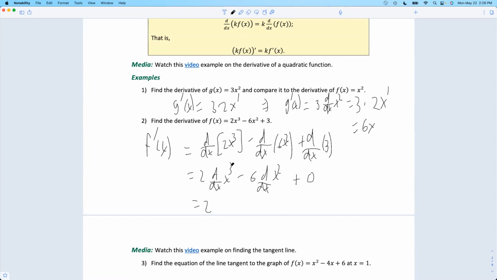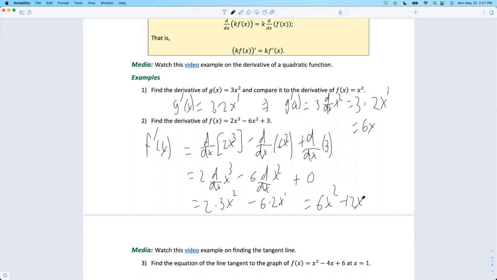The derivative of x cubed, now I'm doing the power rule, will be bring the 3 down and then decrease the 3 by 1. 6 times the derivative of x squared, bring the 2 down and decrease that 2 down to 1, and then plus 0. And now I can just clean this up. We get 6x squared minus 12x.